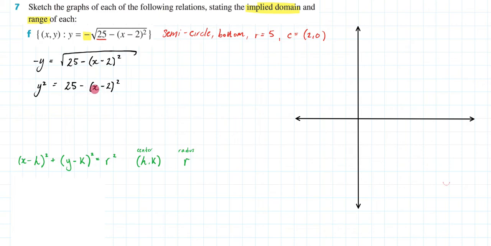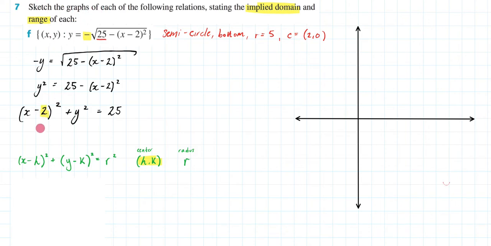Next, I'm going to move this (x minus 2) squared over by adding it to both sides. So I'm going to end up with (x minus 2) squared plus y squared equals 25. Now that it's in this form, it's much easier for me to identify my h and k. Obviously, my h and k is going to be 2 and 0.